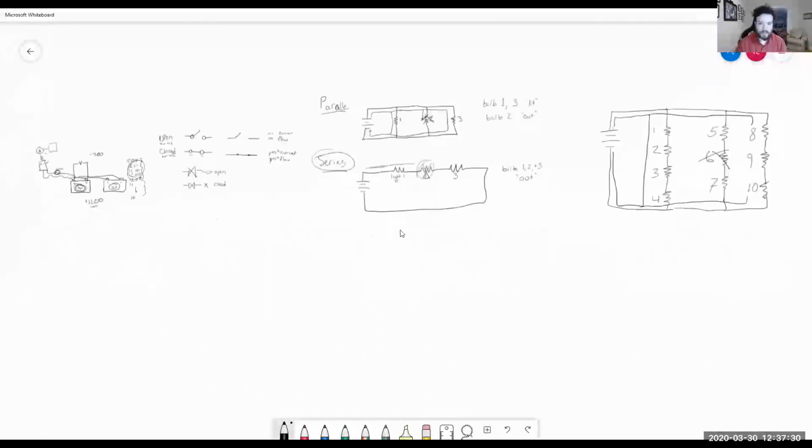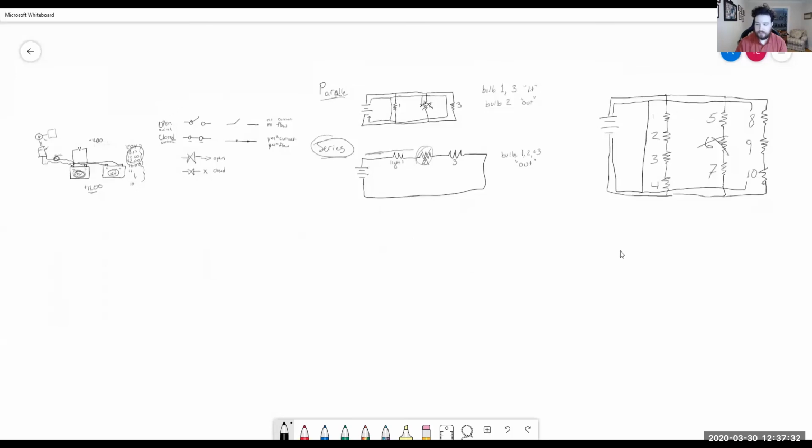Starting to like this whiteboard more, I figured it out. So make sure you keep your open and closed straight in your head. You keep series and parallel straight in your head. And as we get more and more into advanced things, keep that in your head straight. Like I said, we're going to get into motor controllers and everything.